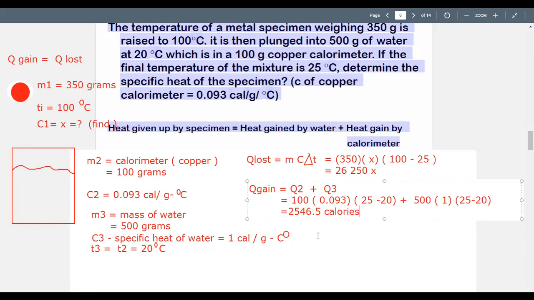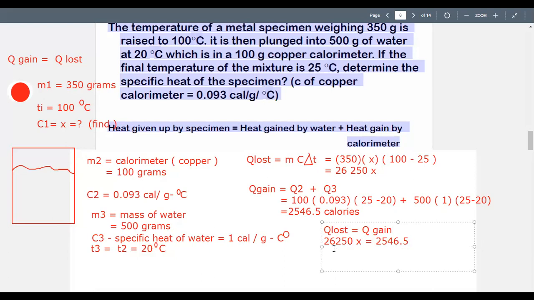Now in our equation above, if Q loss is equal to Q gain, then we can write 26,250 X will be equal to the heat gain, which is 2546.5.